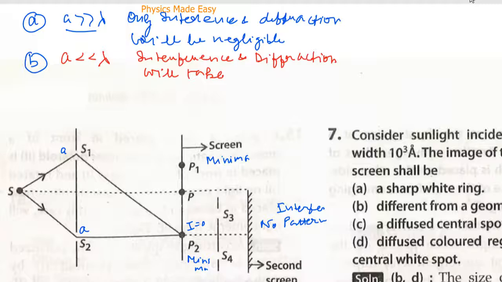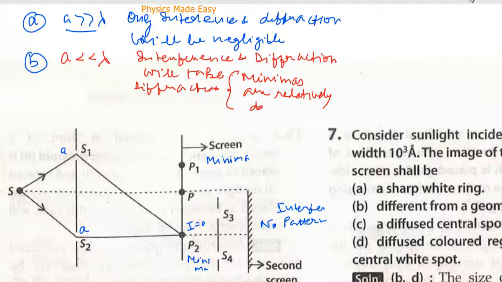So I will treat it as a diffraction case. Because of the diffraction element, in diffraction, note this, minimas are not completely dark. Minimas are relatively dark. So in that case, intensity here, red case represents second case, will not be 0.